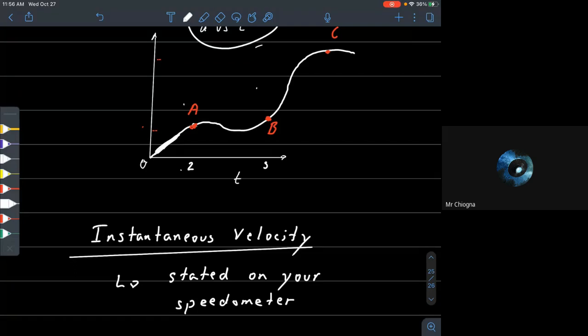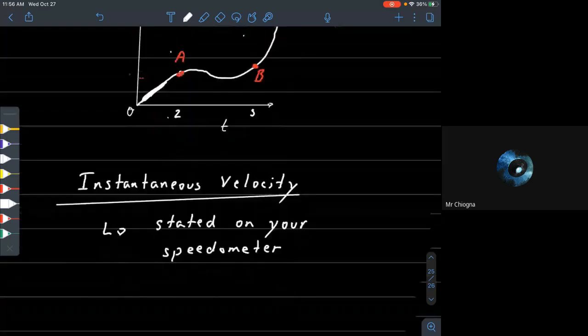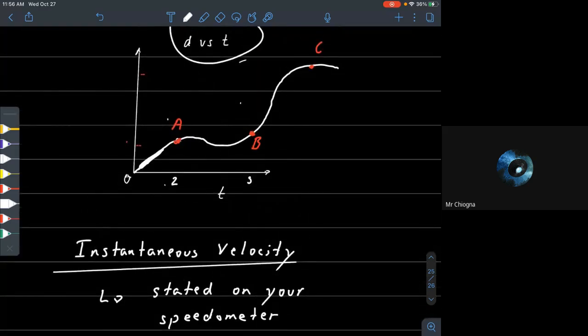You could be speeding up onto the highway. In that case, it would look like this section of the graph here. That represents speeding up on the highway. If you were to look at your speedometer, the needle would be increasing, or if it's digital, you see the number increasing. You are not moving at a constant velocity, indicated by the curve.